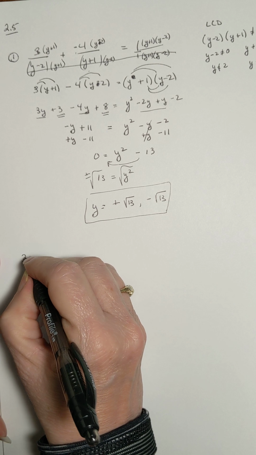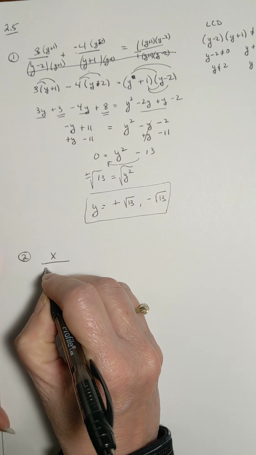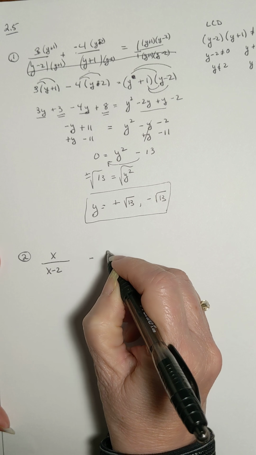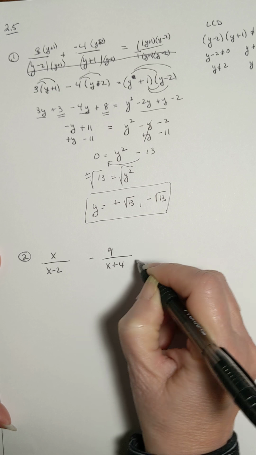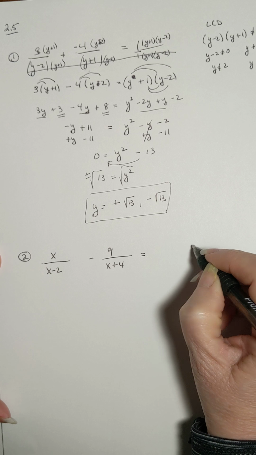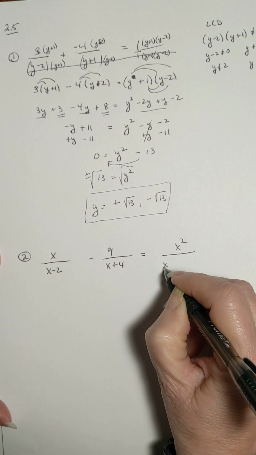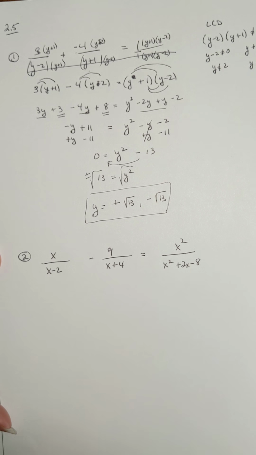Okay? Problem number 2 says x over x minus 2 minus 9 over x plus 4 is equal to x squared over x squared plus 2x minus 8.